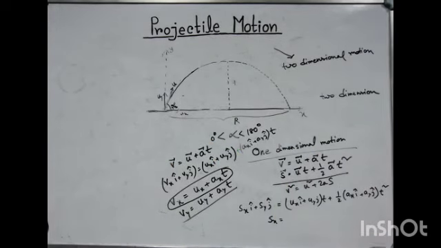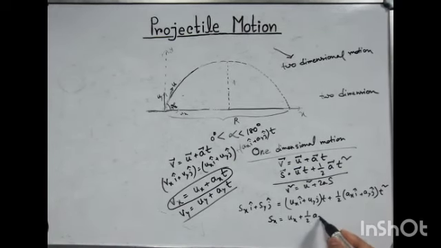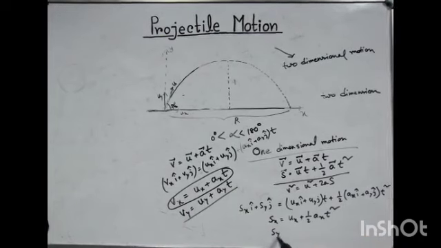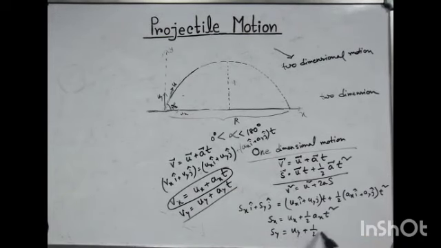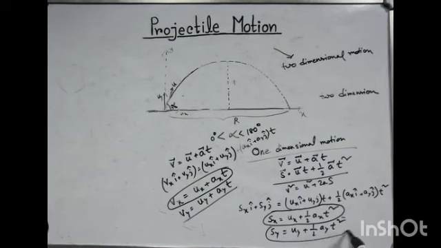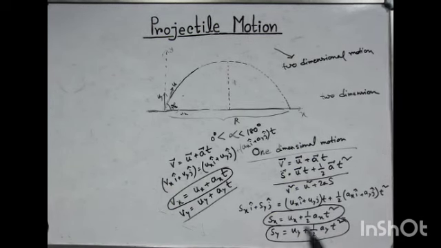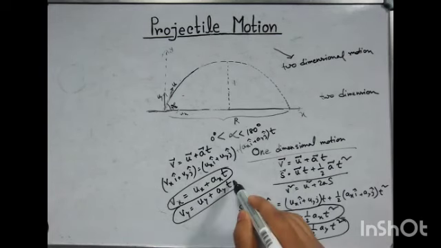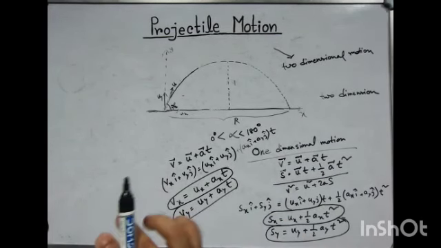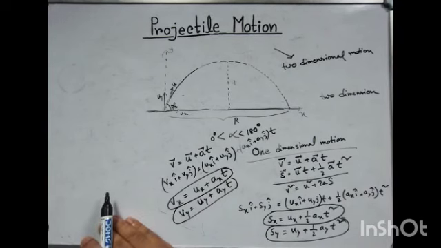So sx equal to ux t plus half ax t square and sy will be uy t plus half ay t square. So these formulas we will use to study the two-dimensional motion. We know very well how to study one-dimensional motion, and we will break this two-dimensional motion into two one-dimensional motions.